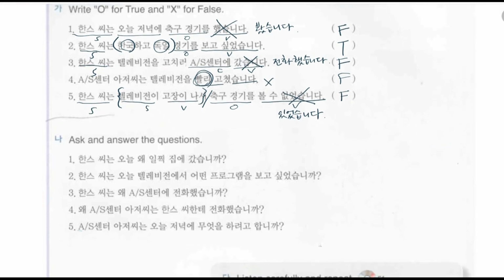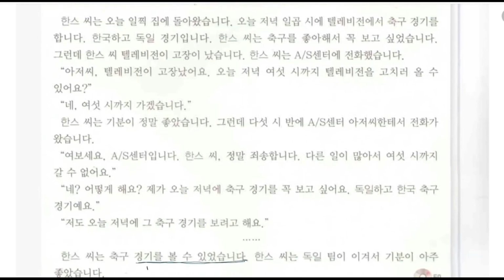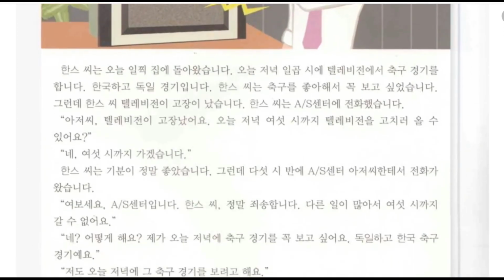자, 2번, 나번 갑시다. Ask and answer the question. 1번. 한스 씨는 오늘 왜 일찍 집에 갔습니까? Why did he go home early today? 왜 일찍 갔어요? 오늘 저녁 7시에 텔레비전에서 축구 경기를 합니다. 자, let me clean this and let me write it again. 오늘 저녁 7시에 텔레비전에서 축구 경기를 합니다.